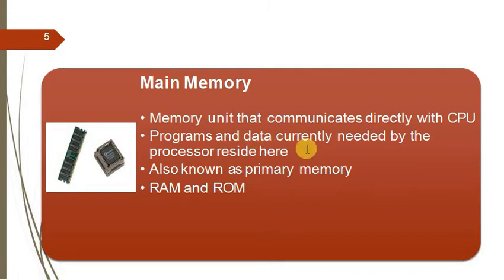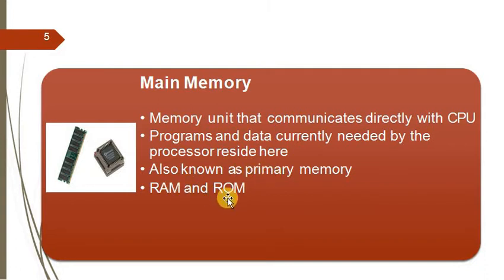That is, when a process is performed by the computer, those programs and the data reside here in the main memory. For example, if you are doing any process in your computer, the programs and data will reside in the main memory only, also known as primary memory.